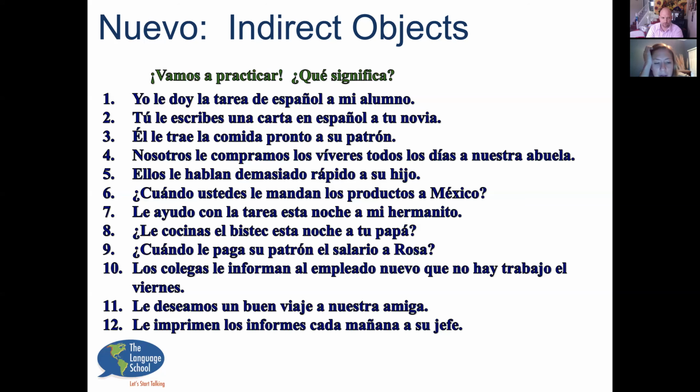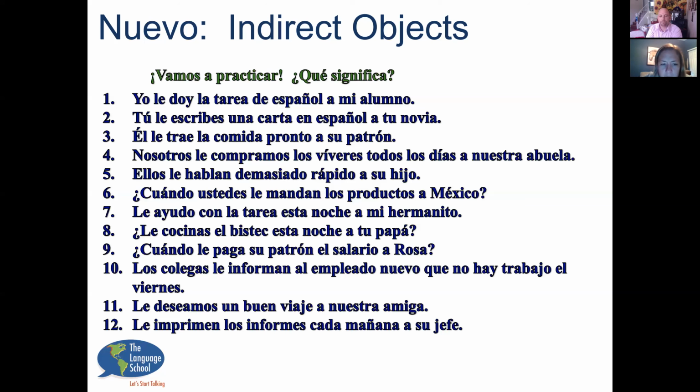I help my little brother with the homework tonight. Very good. ¿Le cocinas el bistec esta noche a tu papá? Will you cook steak for your father tonight?